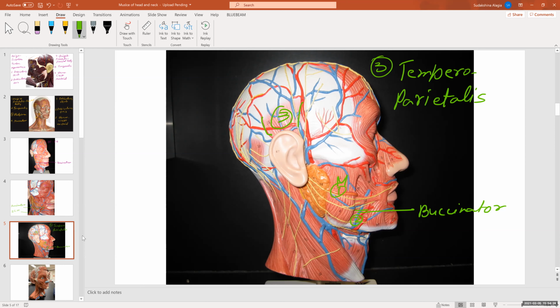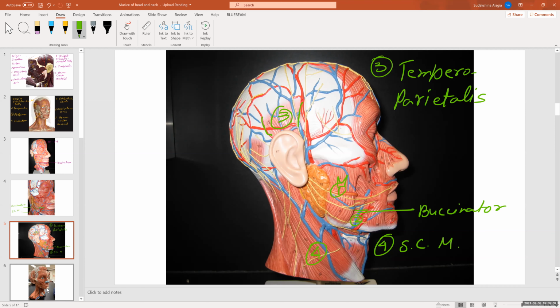Temporalis is a pretty thick muscle. This is below that, temporoparietalis. We can also see the sternocleidomastoid, of course. And that's about it.